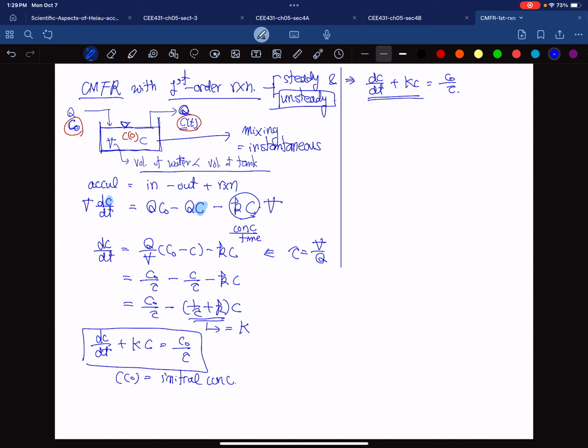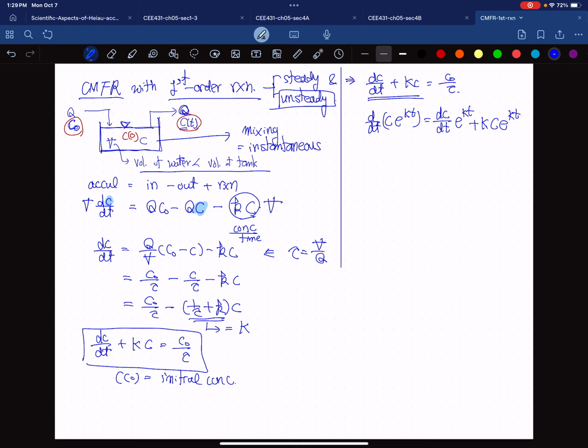This left-hand side should be simplified, and this technique is what we call the integrating factor, which you need to memorize. If you calculate C times exponential Kt, then dC over dt, the exponential remains. If you differentiate the exponential, then K comes out, C exponential Kt.